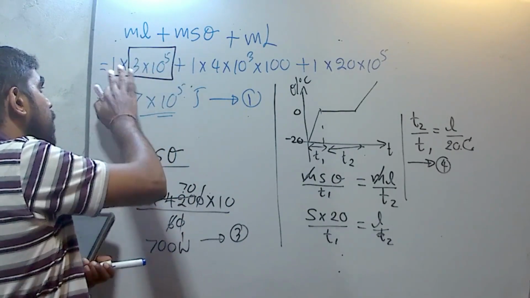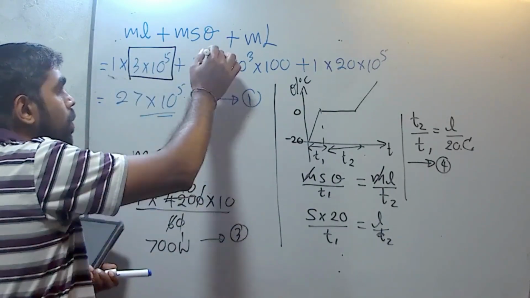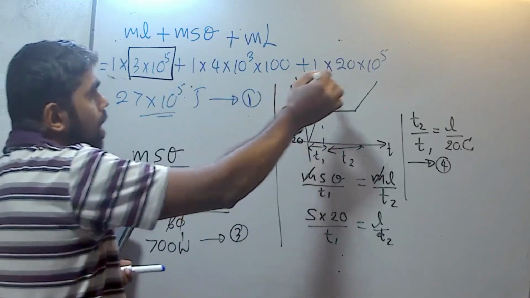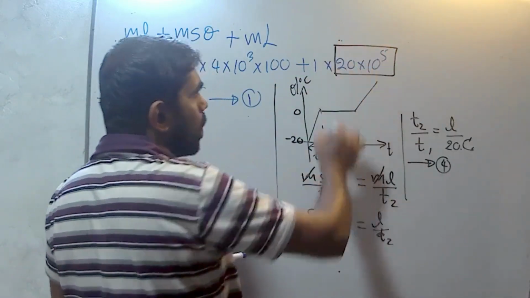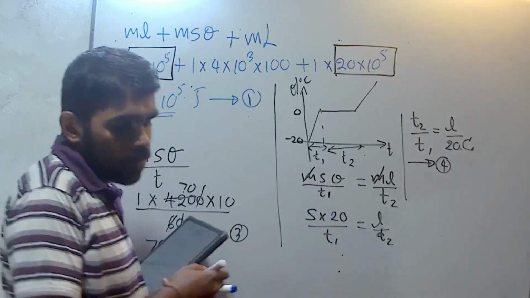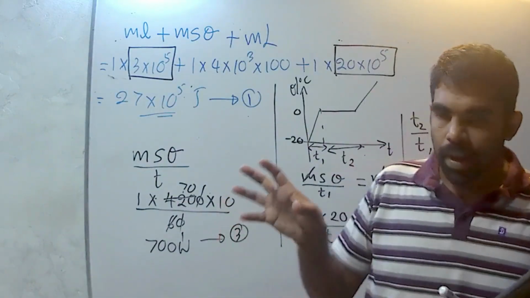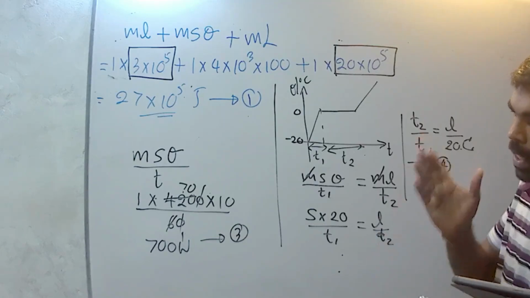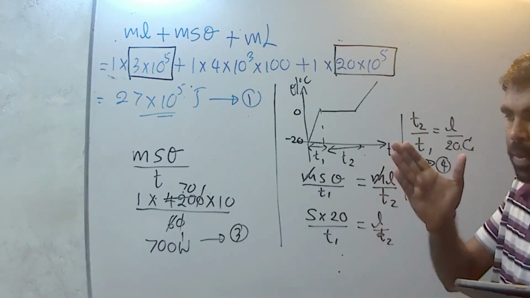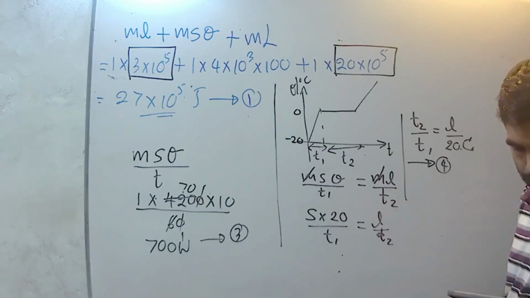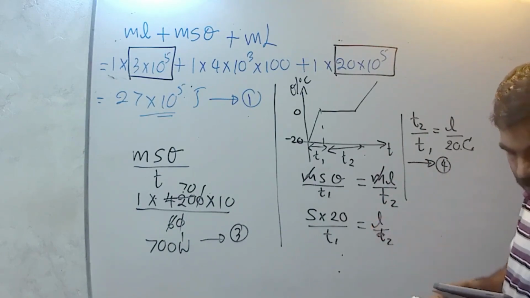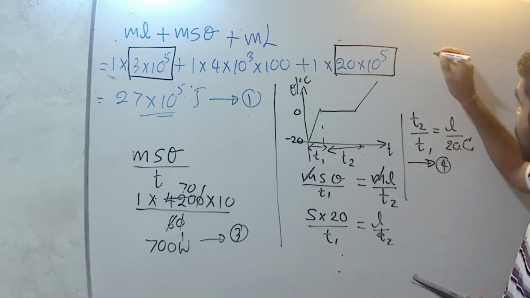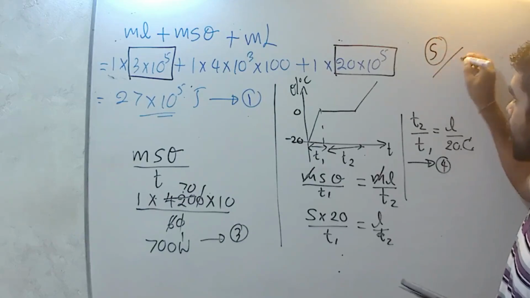Latent heat of fusion is 3 into 10 to the power 5. Latent heat of vaporization is 20 into 10 to the power 5. Therefore, when mixing vapor and ice, we can observe the temperature of the mixture should be greater than the mid value. Therefore, greater than 50 degrees, then we can get 1 as the correct answer.